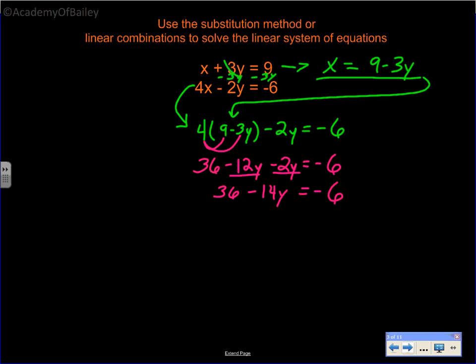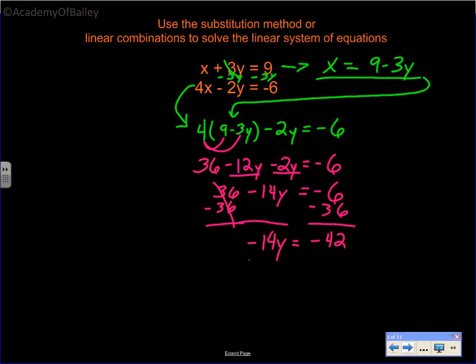You're trying to get y by itself, so we subtract 36 from both sides. Those cancel. We're left with negative 14y is equal to, and negative 6 minus 36 is negative 42.